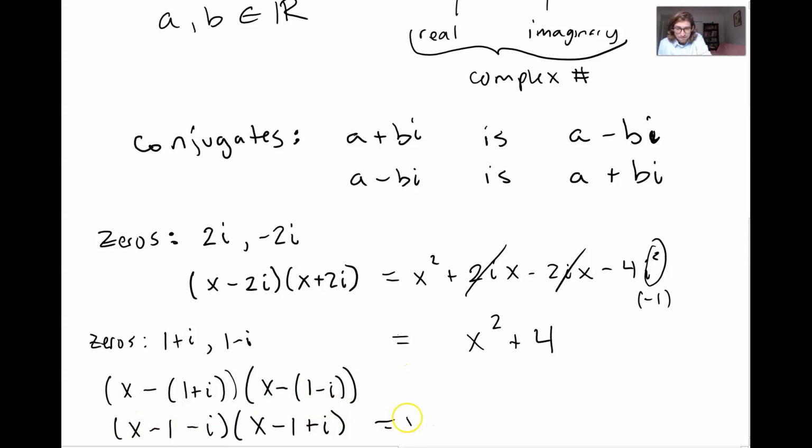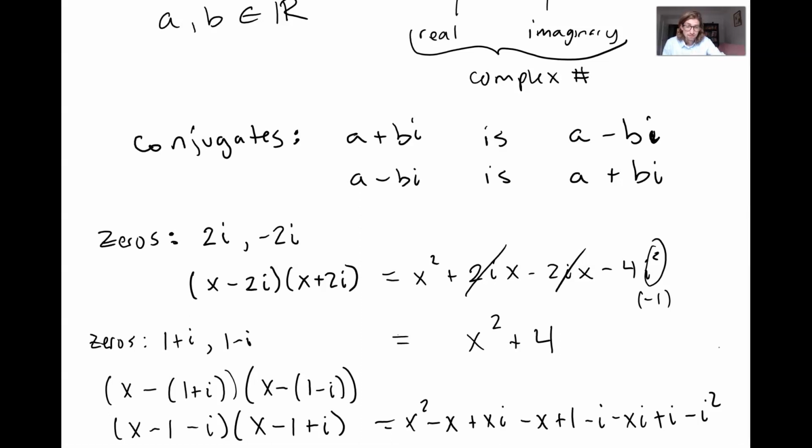Multiplying this out, x times x is x squared, x times negative 1 is negative x, plus xi, onto the negative 1 distributing. Minus x plus 1 minus i, and then onto the negative i distributing. Minus xi plus i minus i squared. Now with conjugates, the whole idea is that all the i's, all the imaginary parts, go away.